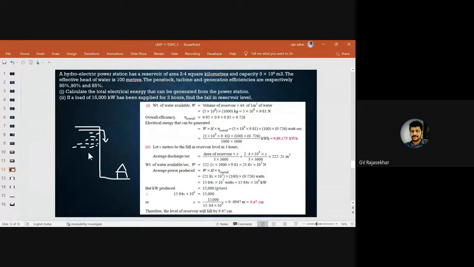So when the water level reduces, suppose this is the total head H. Now the new H will be this one, because there will be a decrease in the height. He is asking how much; suppose this is X. How much height has the water fallen down? That means how much reduction in the height of the reservoir.